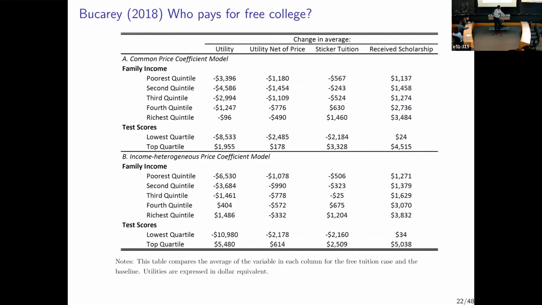One thing that I want you to see is this sticker tuition. Suppose that this was the tuition that they paid before, and think of that as a characteristic of the school. What this is saying is that now the richer individuals are going to schools that used to charge a higher price.